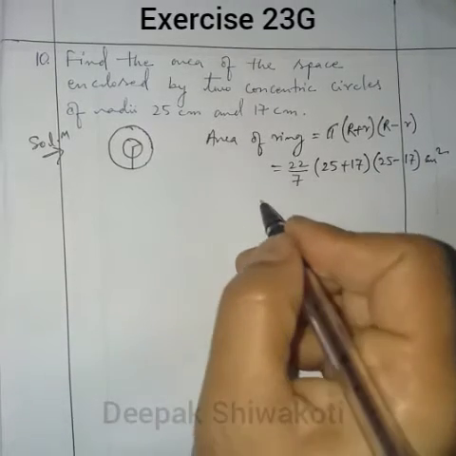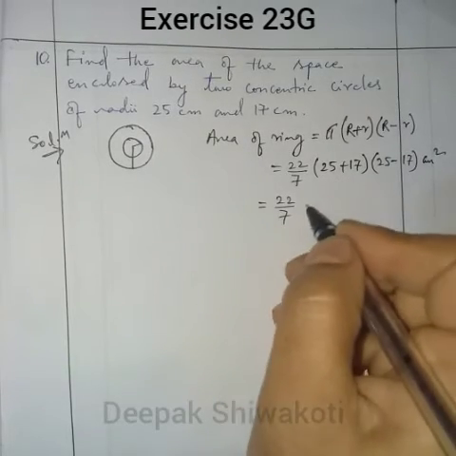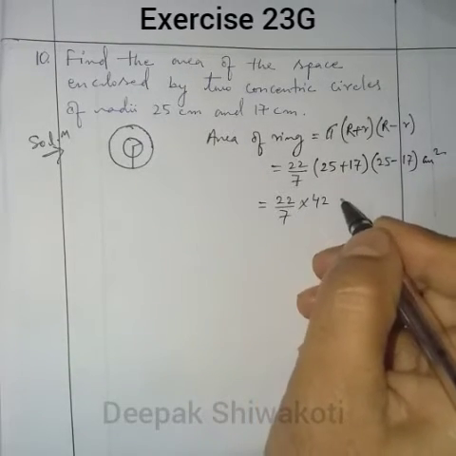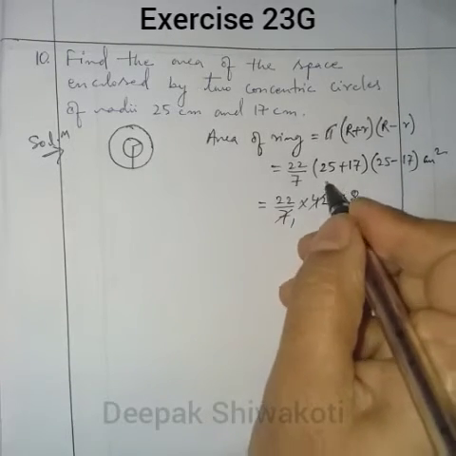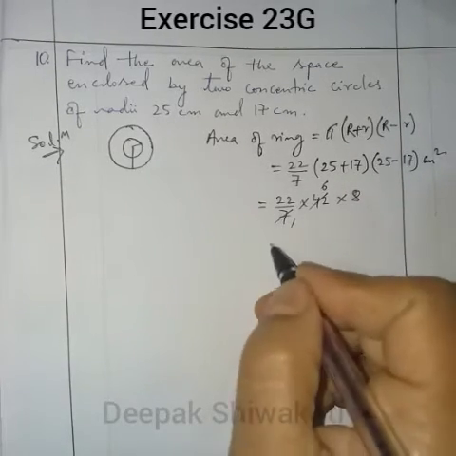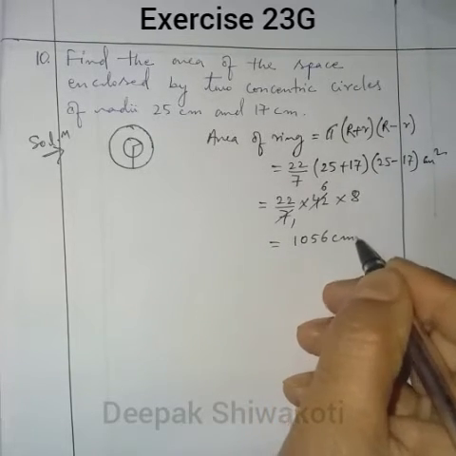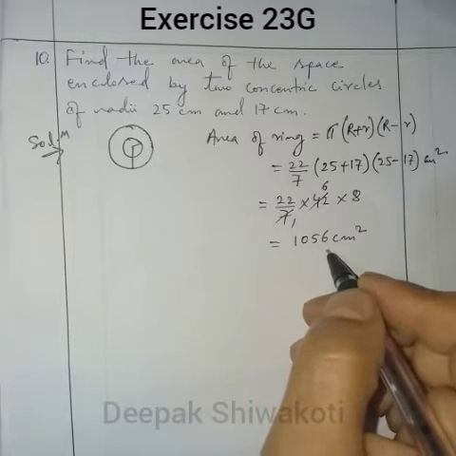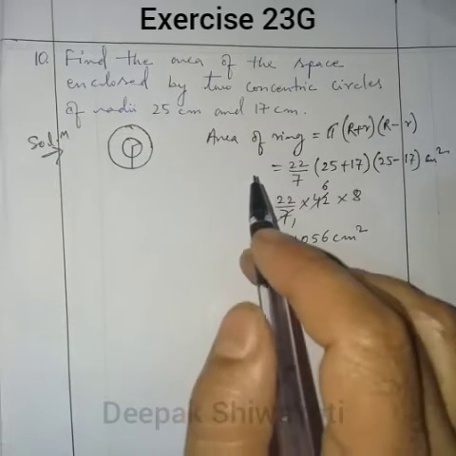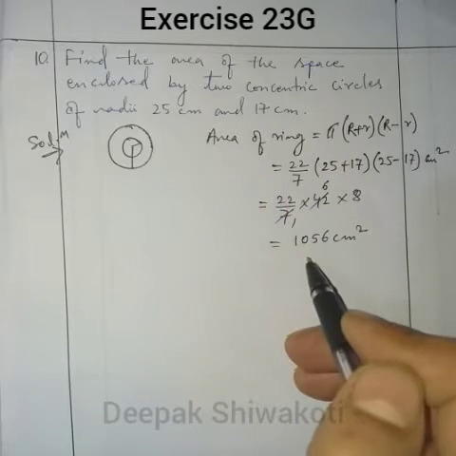Now simplifying this, 22 by 7, the sum is 42 and the difference is 8. We can calculate here, so the product is 1056 centimeter square. The area enclosed by the two concentric circles is this much.